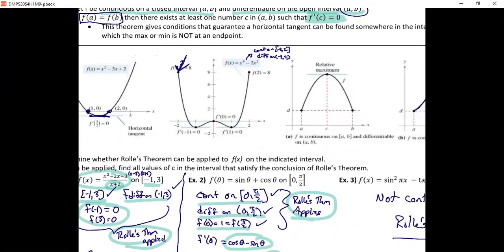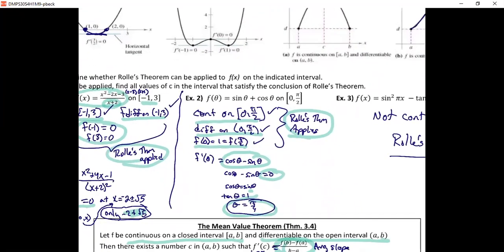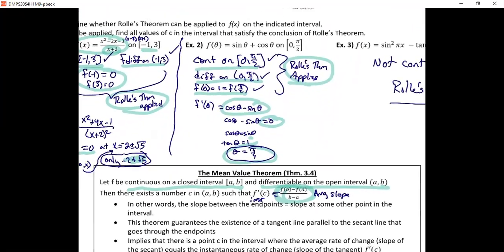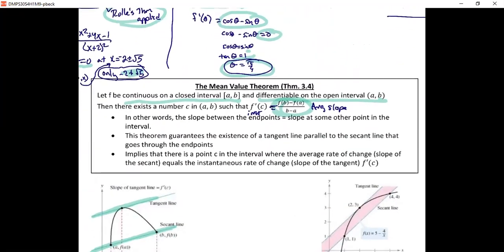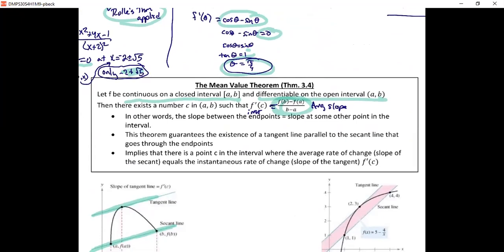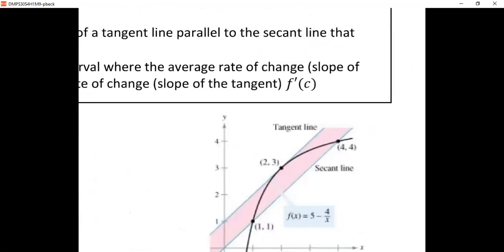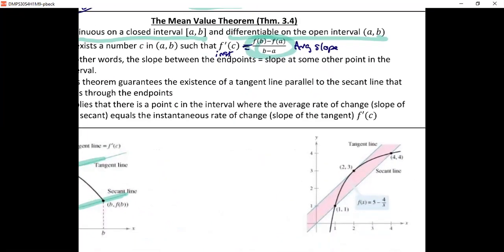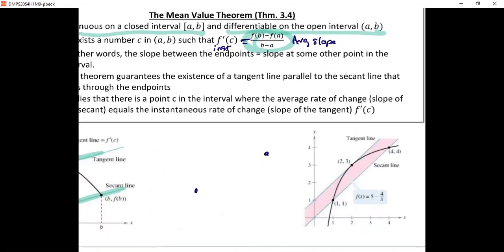And again, it has its purpose. We want to know critical numbers. We want to be guaranteed critical numbers. But the mean value theorem says we can apply that to any slope, not just a slope of 0. So if we look at this situation, once again, we have a slope of 0. Let me take any 2 points. I'm going to randomly put 2 points here and find the slope in between those 2 points.